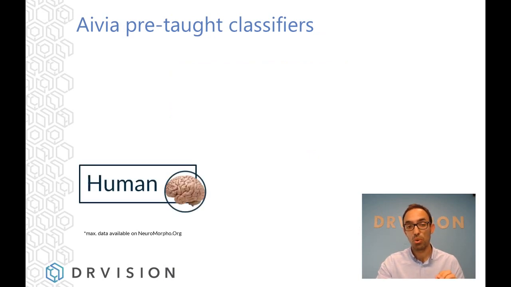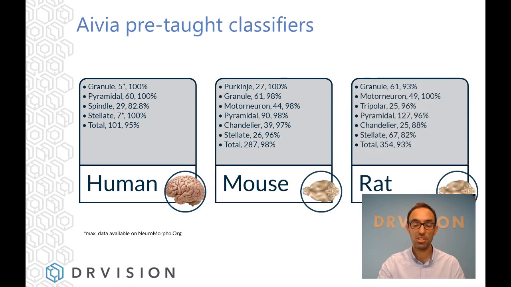With 5.0 we introduced 3 pre-taught classifiers. I just wanted to remind you, or show you in case you didn't see it. We pre-taught the data using neuromorpho.org reconstructions with their permission. We did it for human, mouse, and rat, and these are preloaded with Aivia 5.